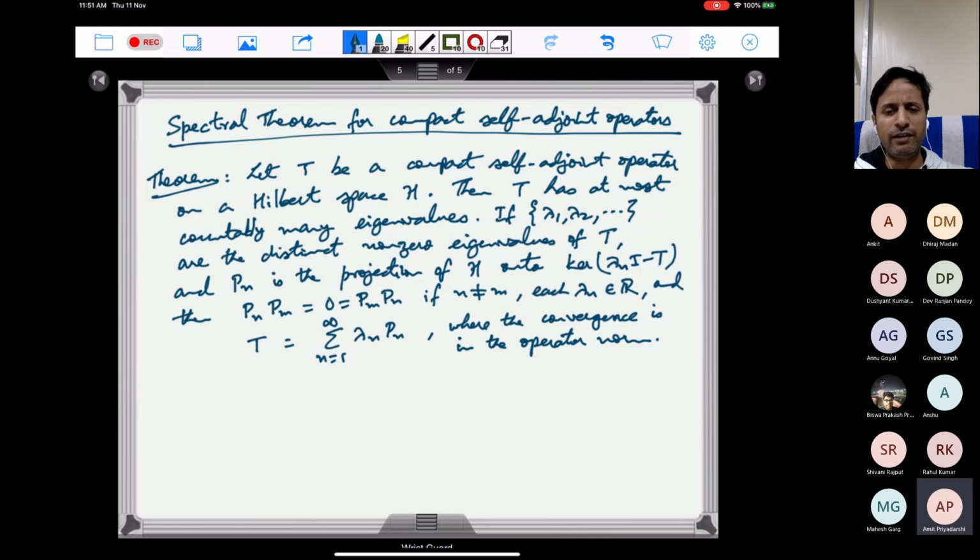So if I write T of x, then I can write it as a summation of lambda n times en, where for each lambda n there may be some kn many eigenvectors.